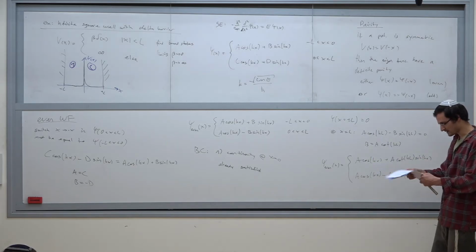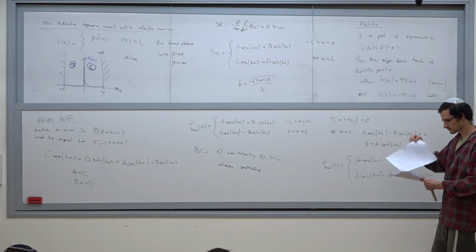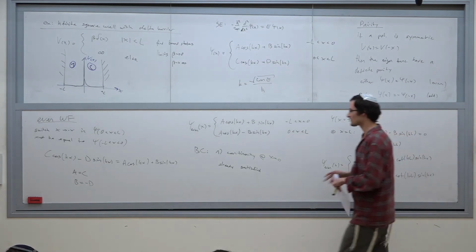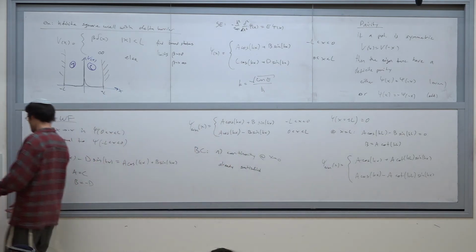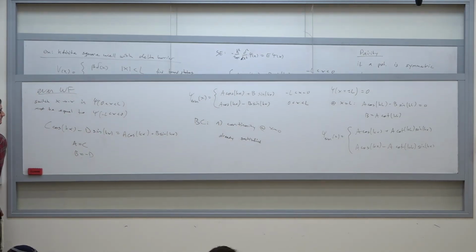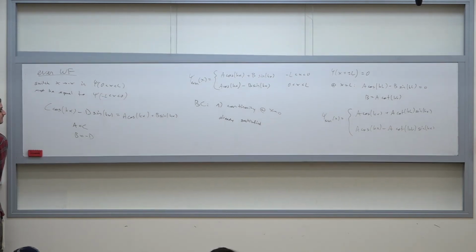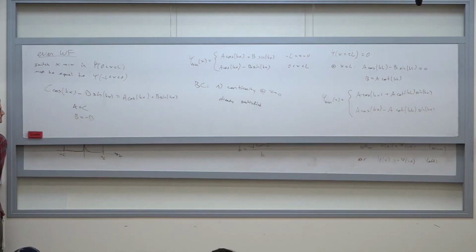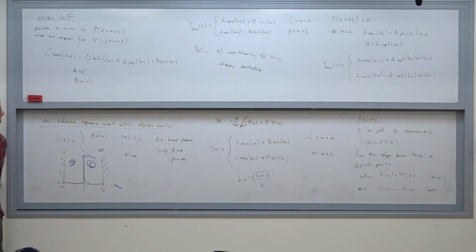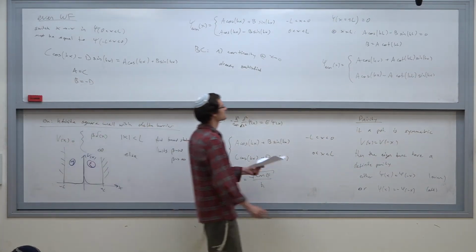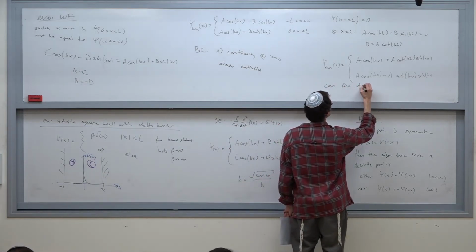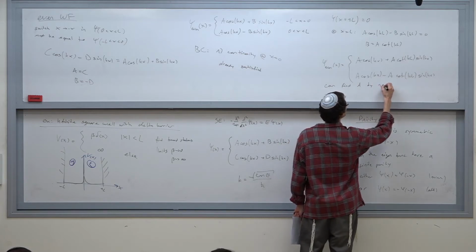Obviously, we could now find A by normalizing, which is not what we're going to do. But of course, that could be done. It's just some unpleasant mathematics, but it can definitely be done. Just note that you can find A by normalizing.